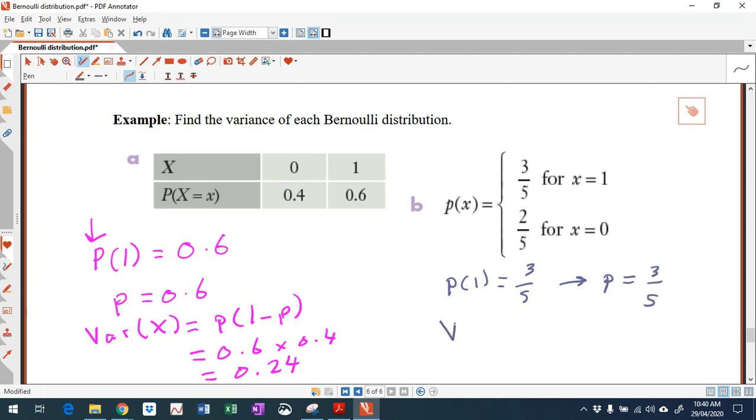We write down our variance formula: var x equals p outside of 1 minus p, which equals 3/5 multiplied by 2/5, which is 6 on 25.